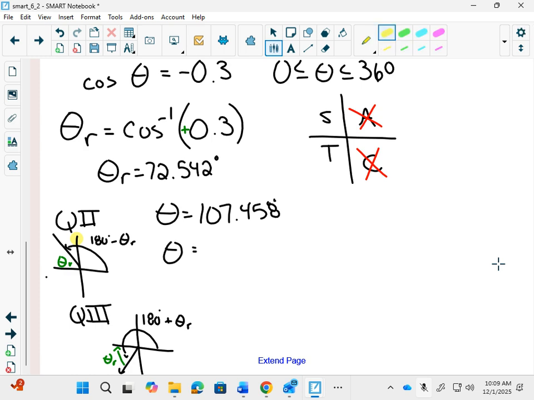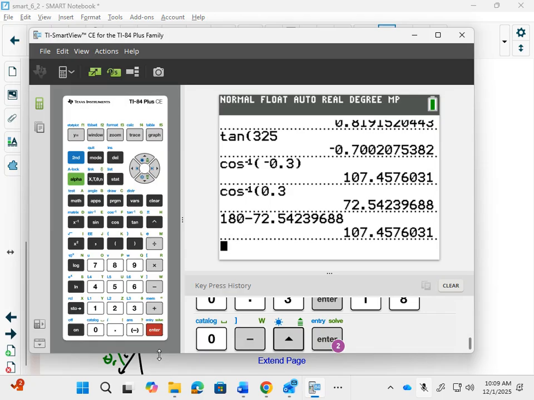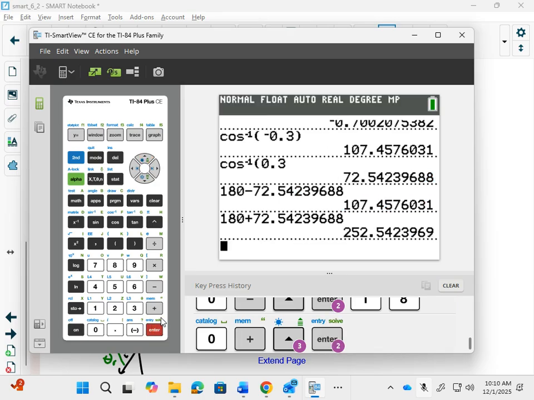But now I can also find my quadrant 3 one, because I can go to my calculator and go 180 plus, and I'll highlight that number again, and get 252.542.